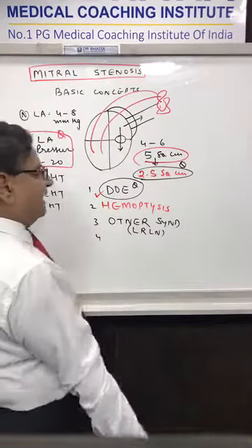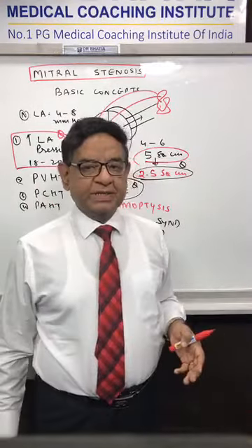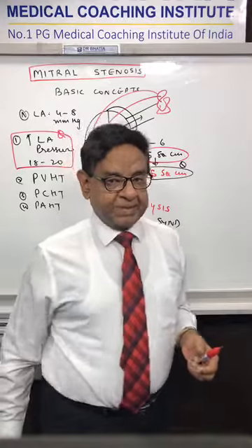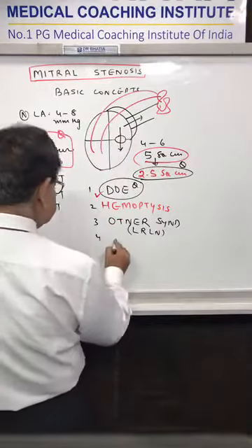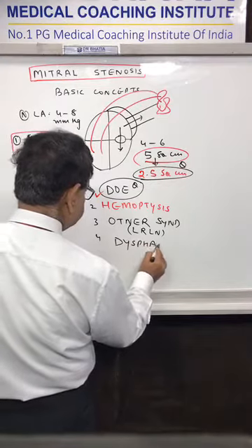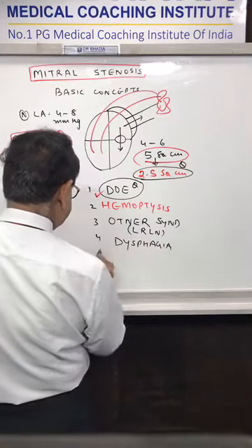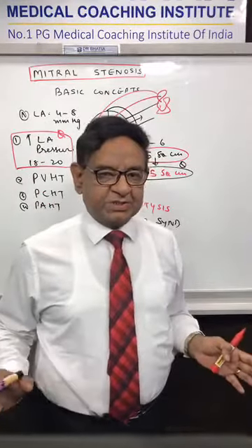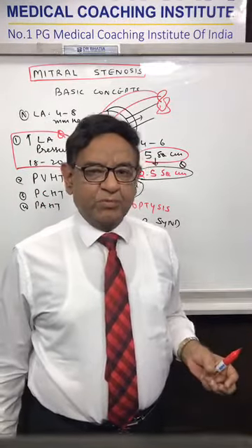And just behind LA goes the esophagus also. The esophagus can get compressed, so this can lead to dysphagia. Well, as LA is getting enlarged, the LA wall becomes more and more thin.